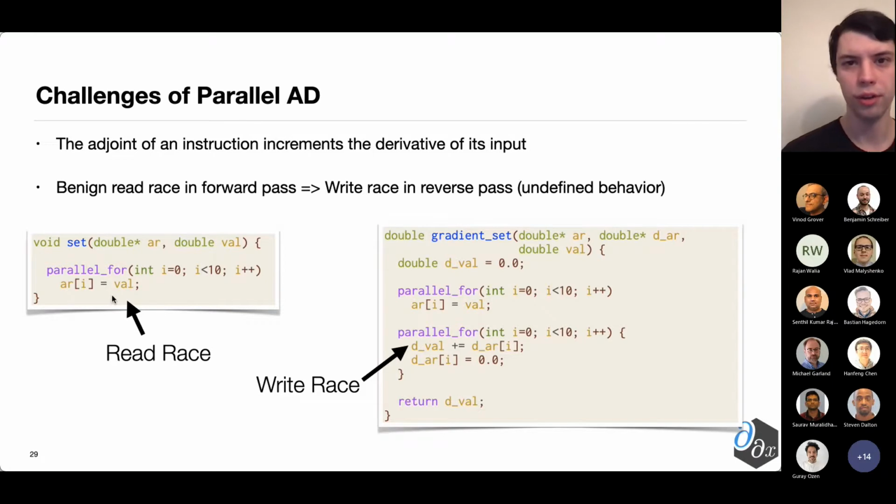However, when we reverse the original program to compute the derivative in the reverse pass, all your reads turn into writes and vice versa. So whereas we had these concurrent reads here on the left, we have concurrent writes now on the right, leading to a write race to accumulate the different partial derivatives of dval. And since you have simultaneous writes in a parallel for loop, you'll potentially get the wrong answer.